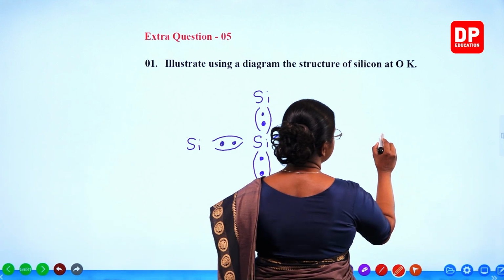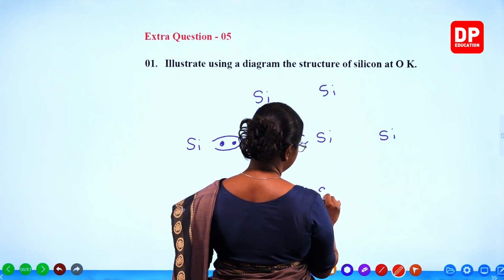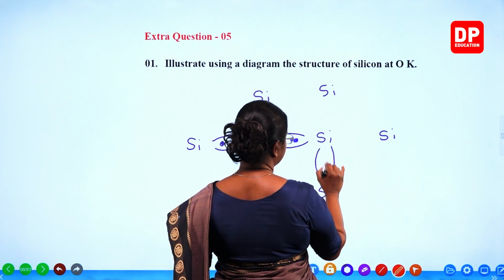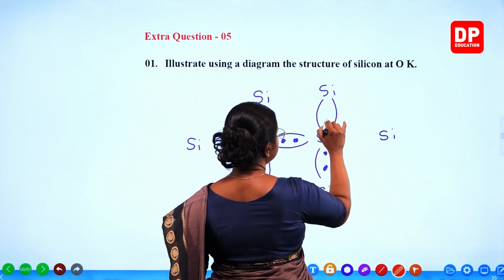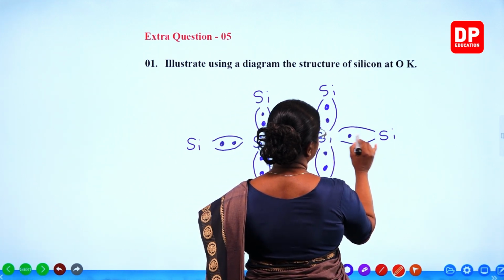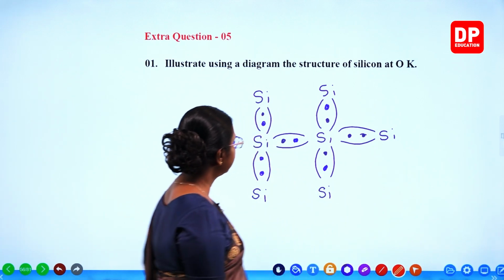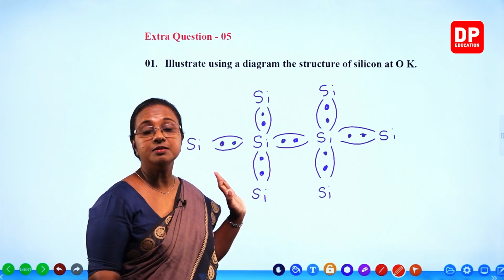Now here also this silicon will be bonded to another 4 silicon atoms. So there will be electrons. All the silicon atoms are bonded together and the electrons are present in bonds.